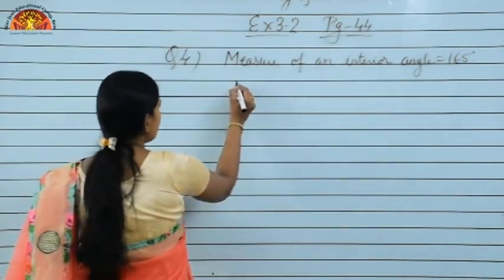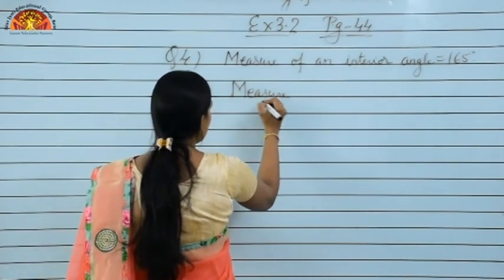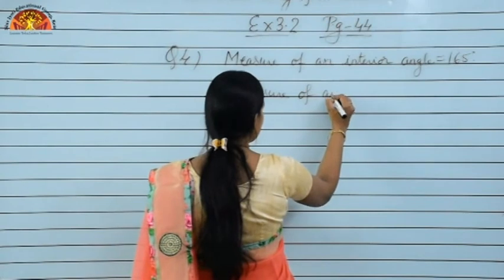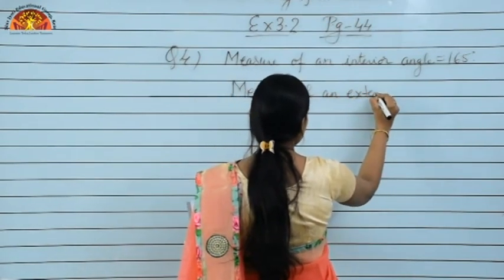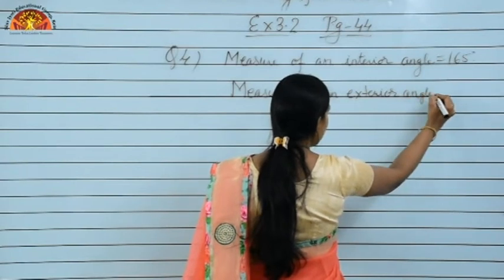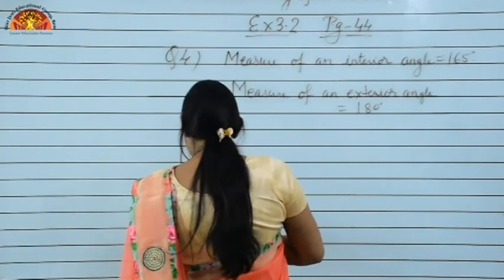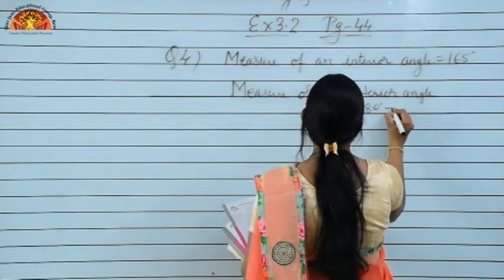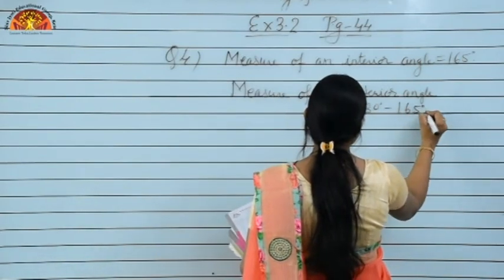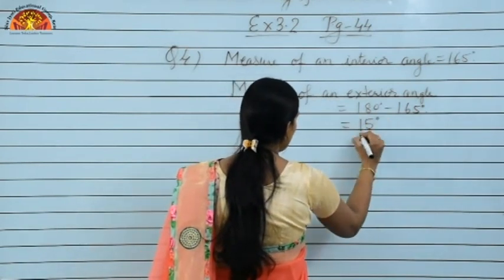So the measure of an exterior angle is equal to, yes, 180 degree minus 165 degree. So the measure of the exterior angle is equal to 15 degree.